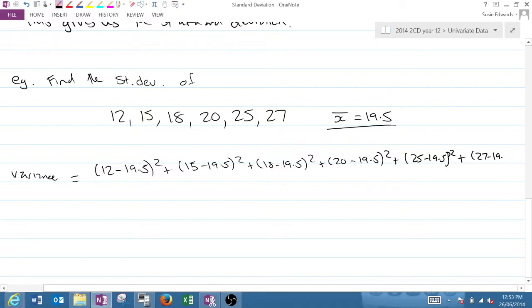What do I have to divide it all by? Divided by 6.